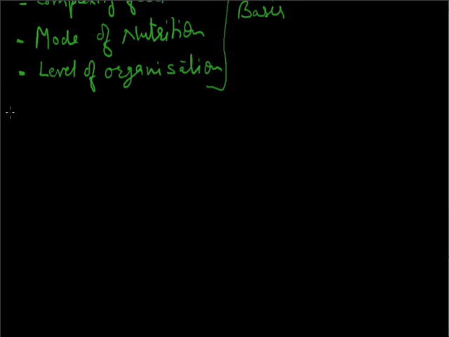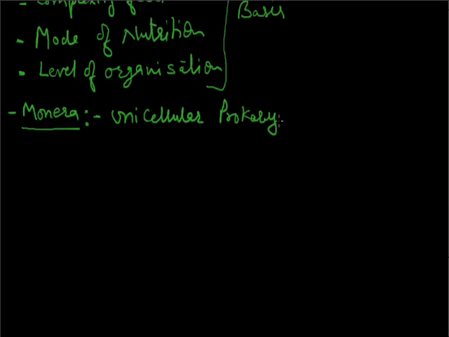The first group we call Monera. In Monera, the living beings are unicellular prokaryotes. The living beings which are unicellular and prokaryotic in nature are classified in this group.